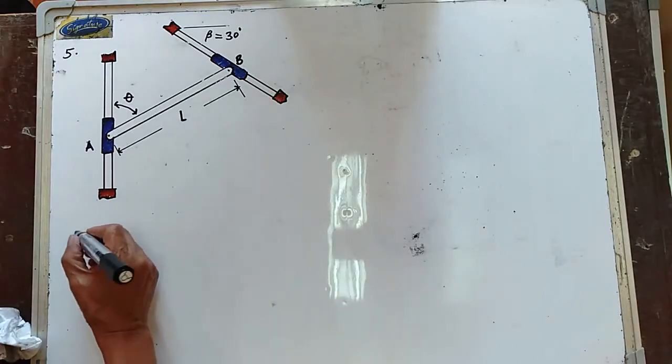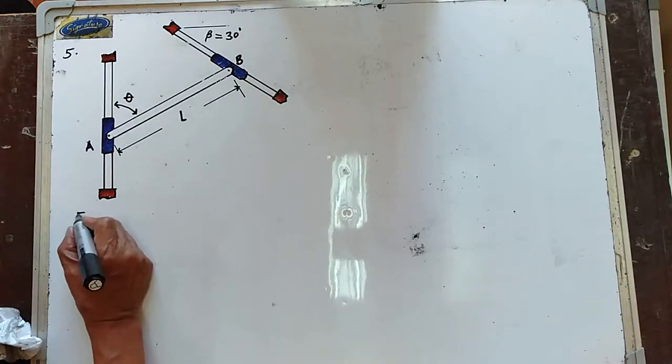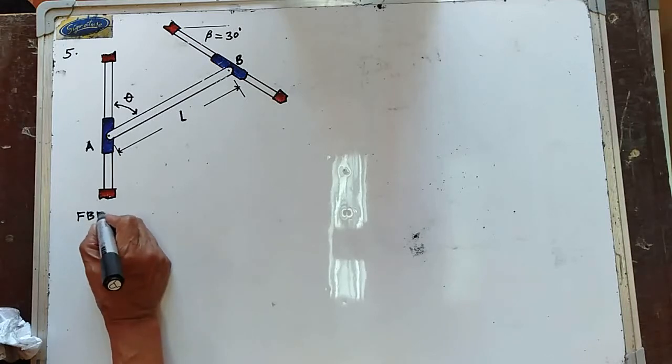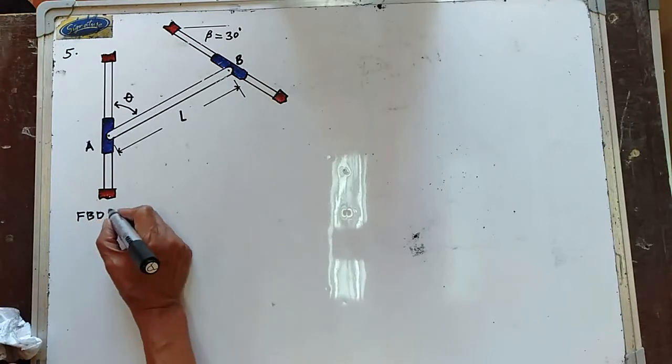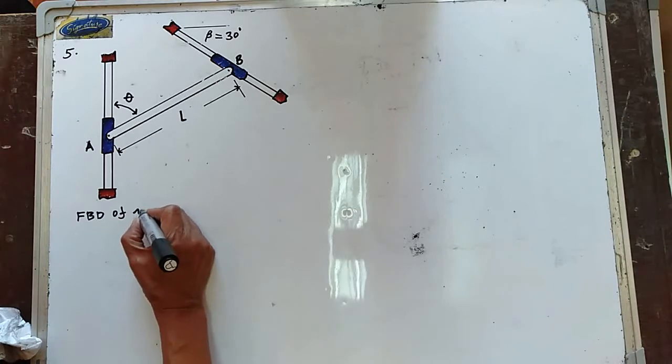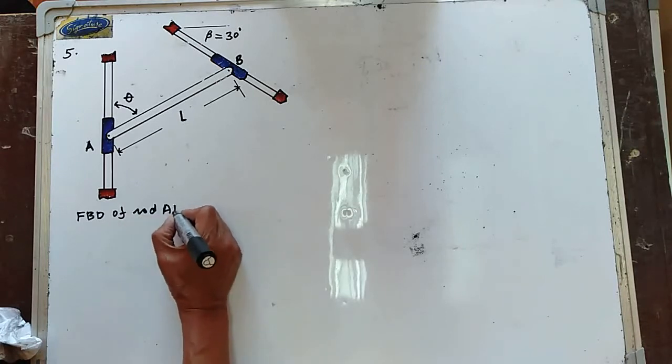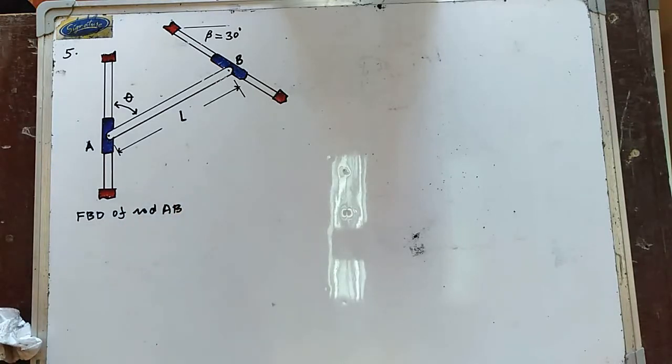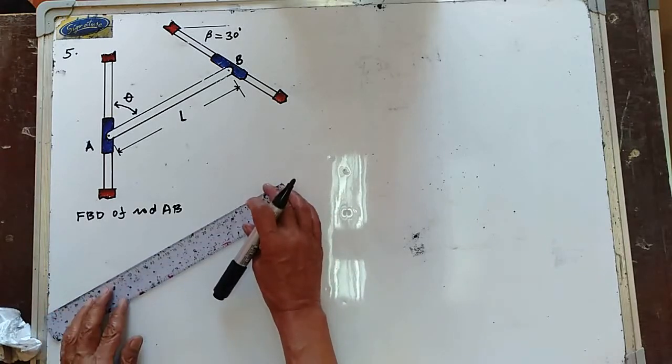So first, let us try to draw the free body diagram of rod AB. This is your rod AB.